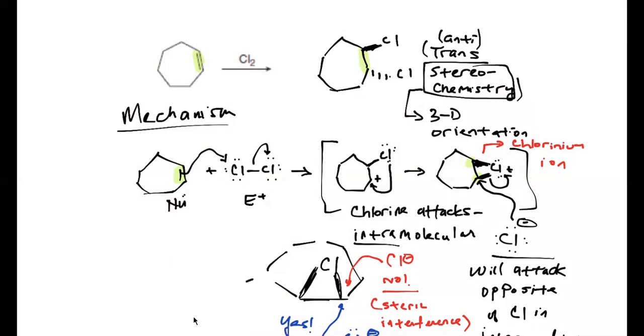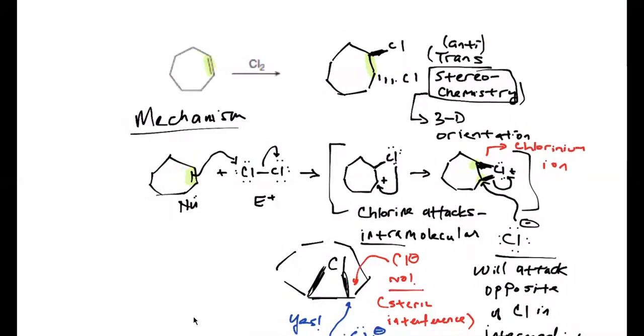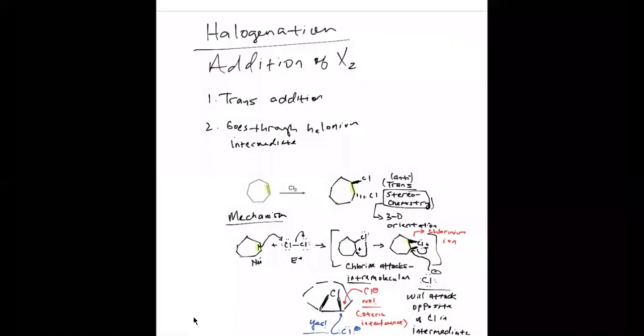All right, so what do we know about this reaction? The addition is always trans, and it goes through this 3-membered halonium intermediate.